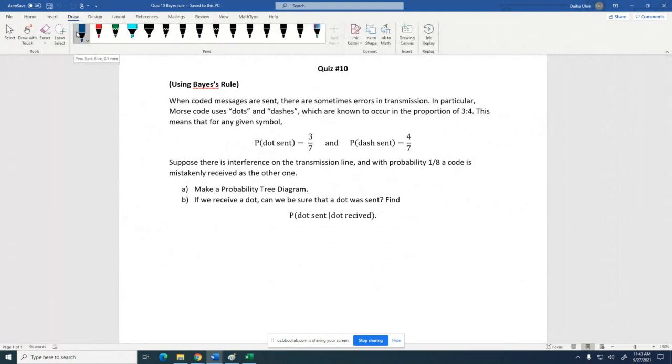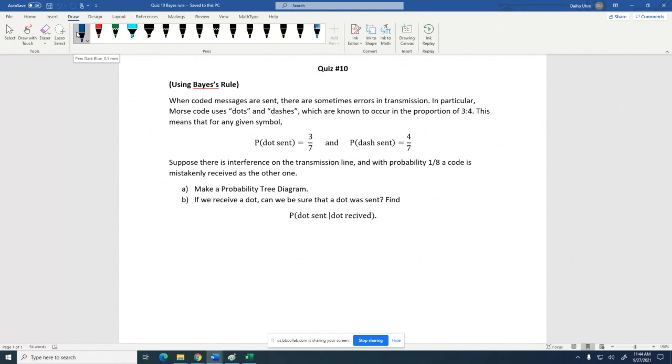How many splits at the beginning? We have two codes, dot or dash. Do you know what is the most code? Ding, ding, ding, right?